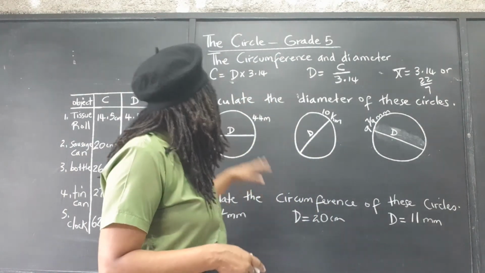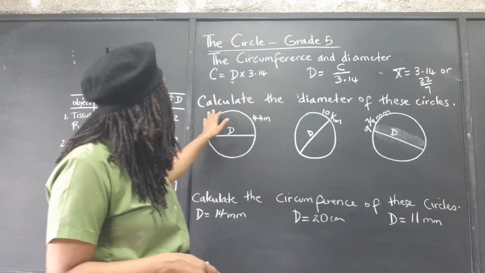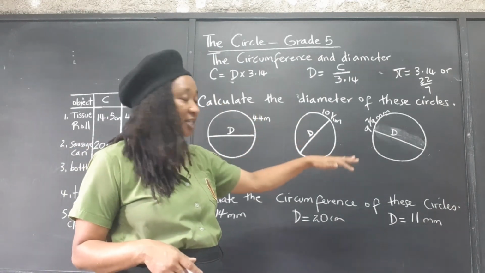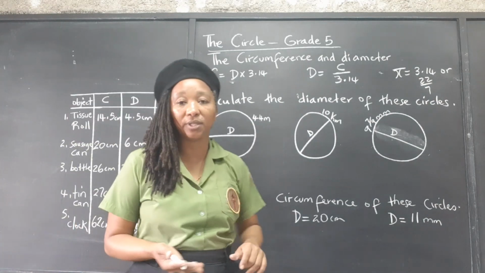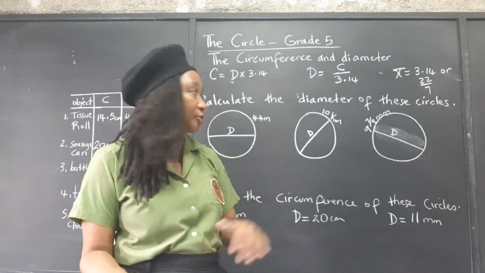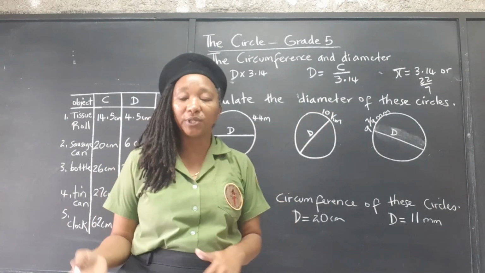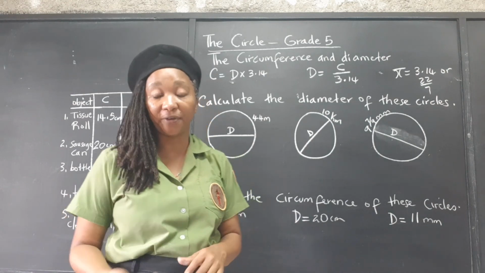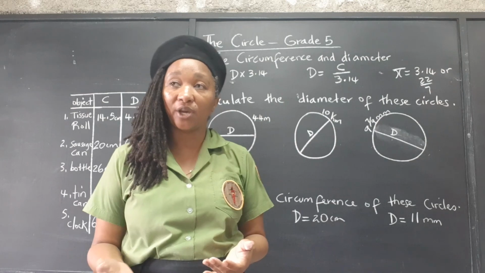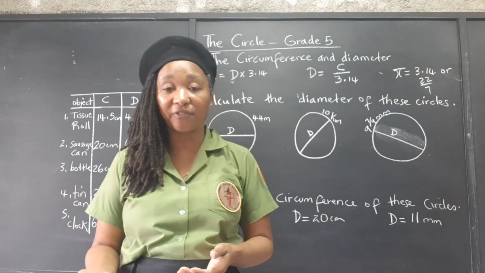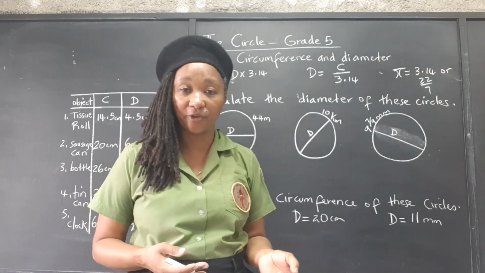Alright, so this instruction says calculate the diameter of these circles. Now you can choose, sometimes you are told use pi as 3.14 or use pi as 22/7, depending on the numbers you're working with and whether you want your answer in decimal form or in fraction form.